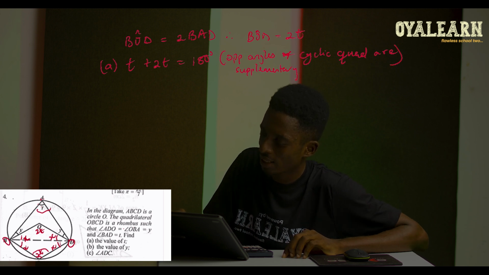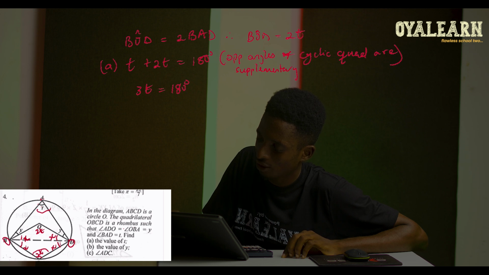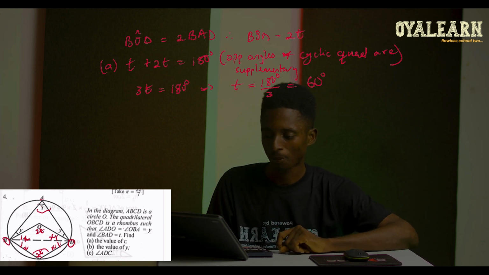If that's the case, then we can solve for t. Therefore, t plus 2t gives us 3t equals 180 degrees, and this implies that t equals 180 degrees divided by 3, which gives us 60 degrees. And just like that, we have solved for t.